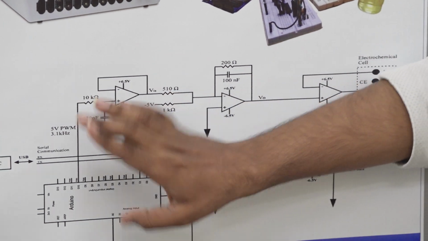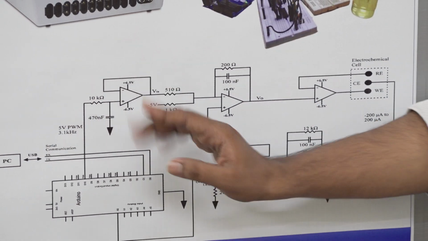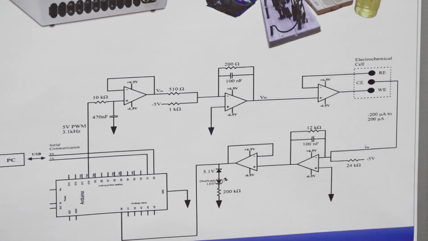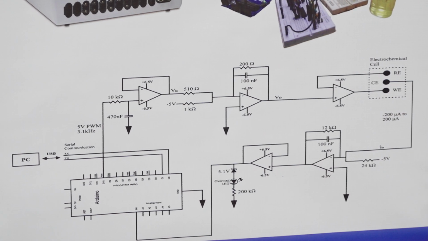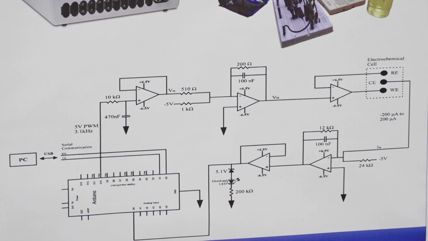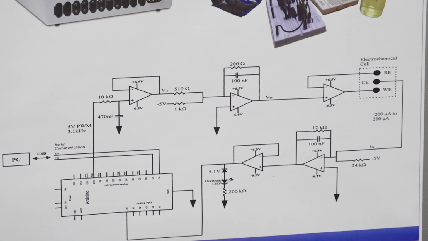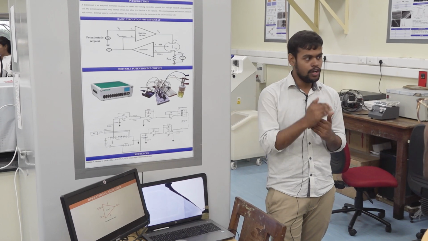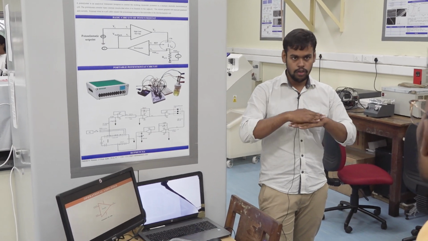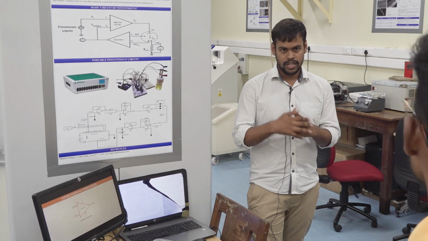When you remove this part and this part, this is an RC filter. It is actually a low pass RC filter. When you say a low pass RC filter, it will have a certain cutoff frequency above which it will not allow signals to pass. So it will always pass the low frequency.